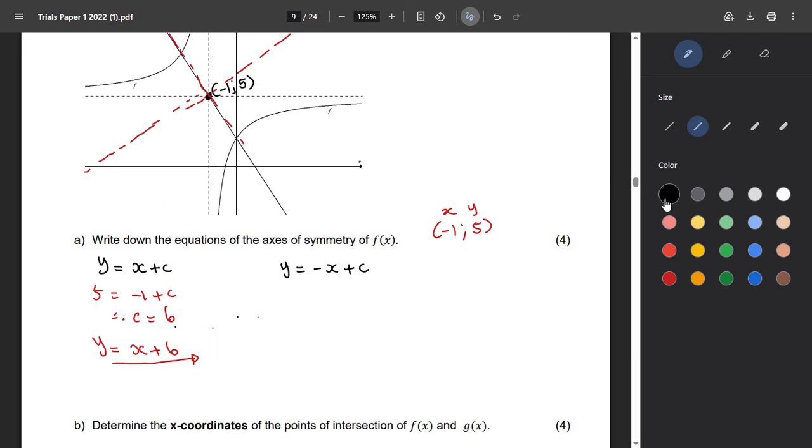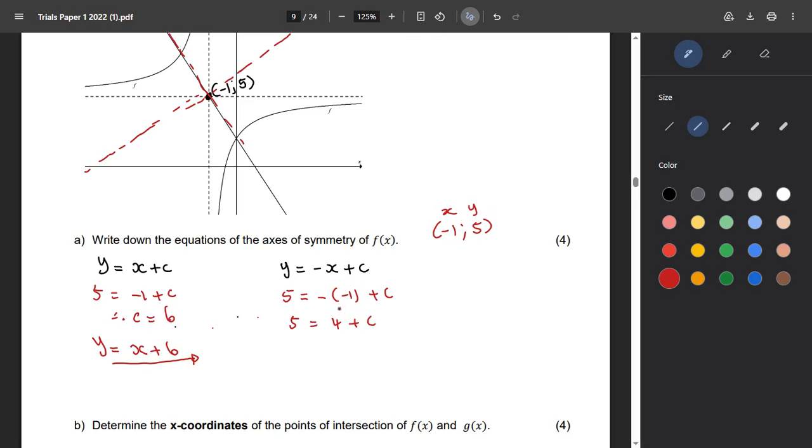Okay, so let's do the same. Where there's y, I put 5. Where there's x, I put -1, plus c. The 1 comes this side to be negative. It's minus into minus 1.